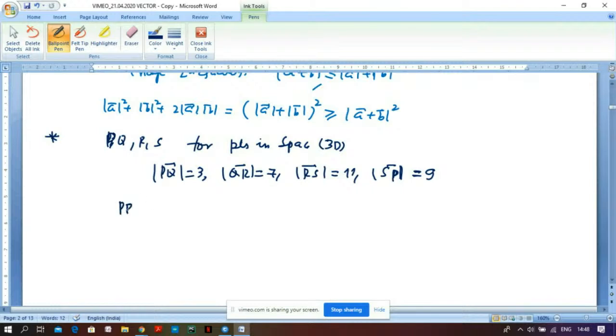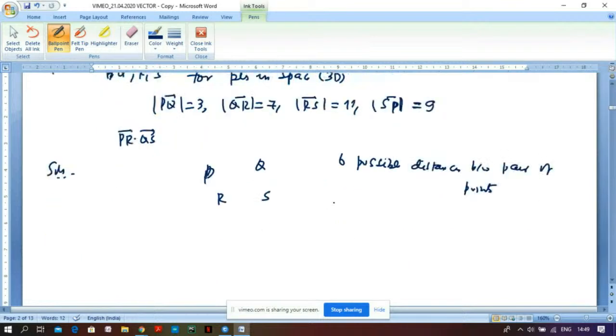The problem is to find PR dot QS. If you have got any 4 points P, Q, R, S, they may be in any order, just random I am taking. We have got 6 possible distances between them, or distances between pairs of points.